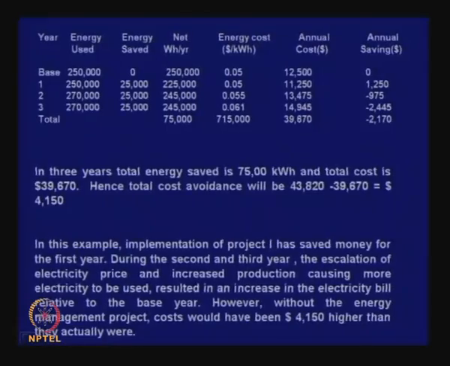In this example, implementation of project 1 has saved money for the first year. During the second and third year, the escalation of electricity price and increased production causing more electricity to be used resulted in an increase in the electricity bill relative to the base year. However, without the energy management project, costs would have been so much higher than they actually were.